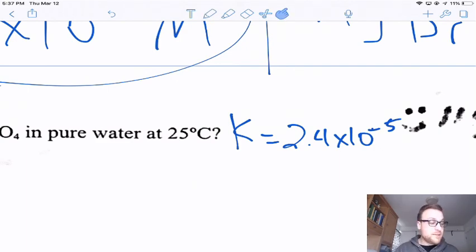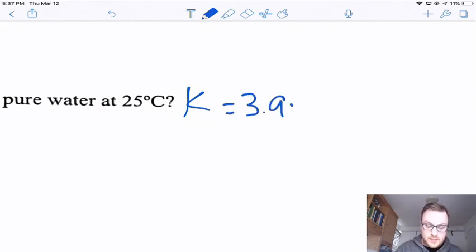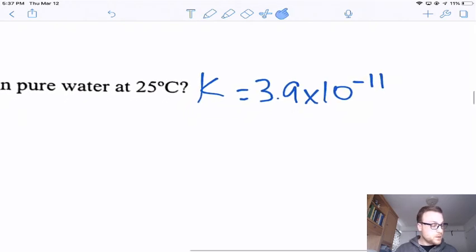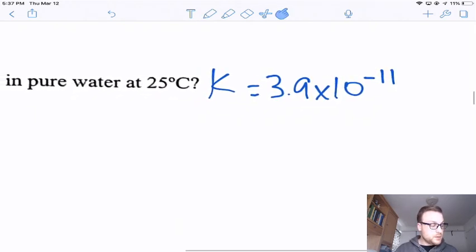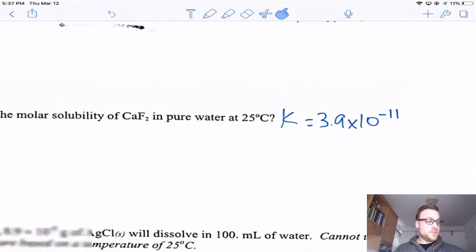In number 7, your K value is 3.9 times 10 to the negative 11th power. And I think that's it. Yep, that's all you should need for the rest of them.